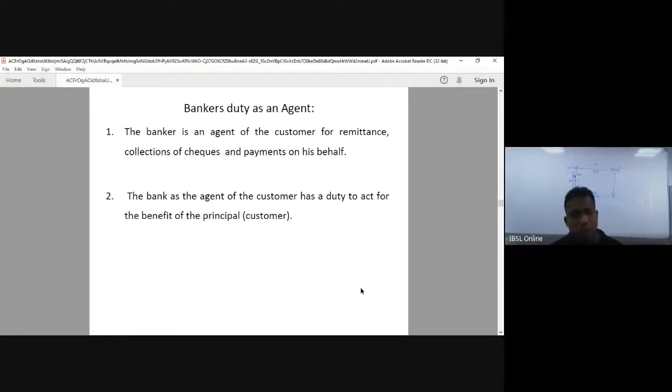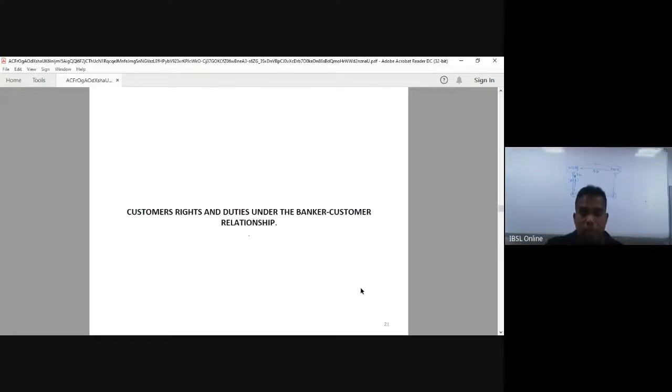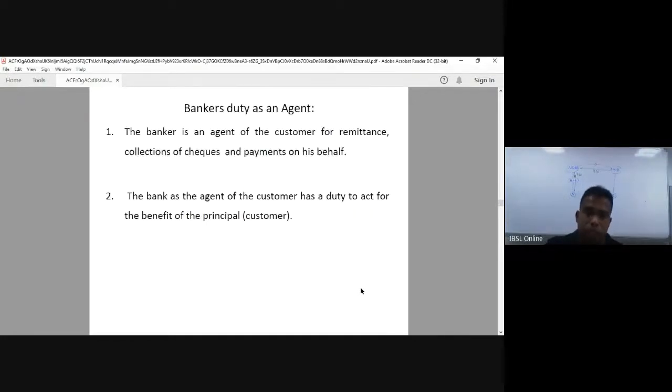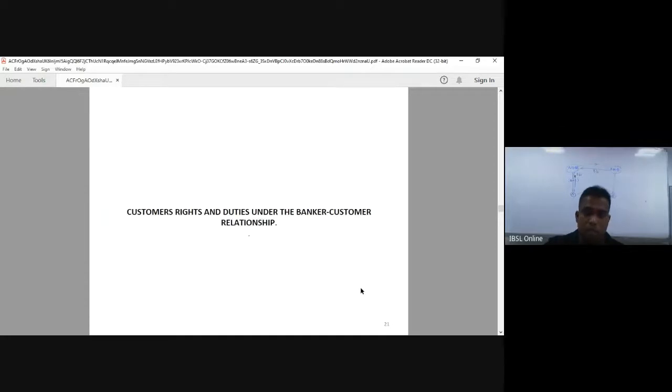So you can't act as an agent and get the benefit to the bank. You have to act for the benefit of the customer when you are acting as the agent of the customer. So those are the duties and responsibilities of the banker under the banker-customer relationship.